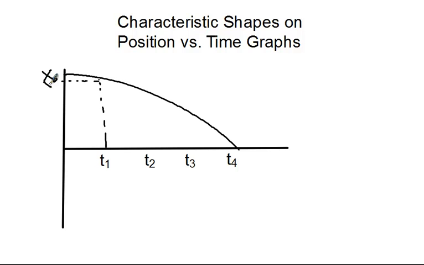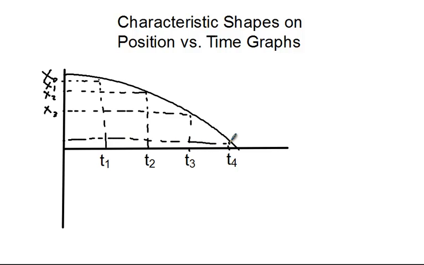This is x1. Now it's at x2. x3. And there's x4. So we know that it's going to be negative because its slope's going the other way.